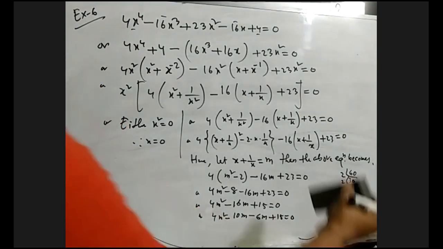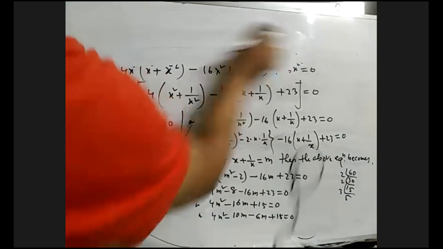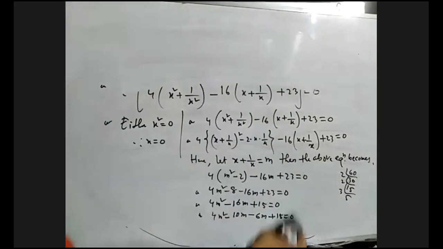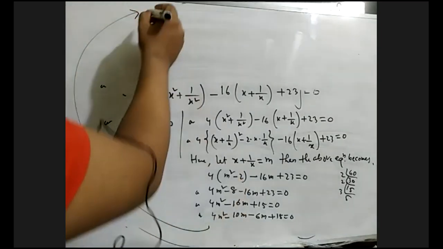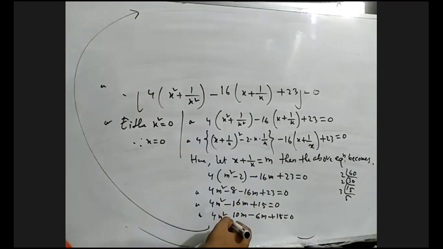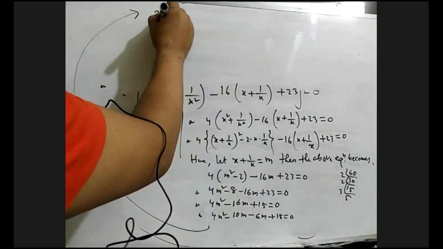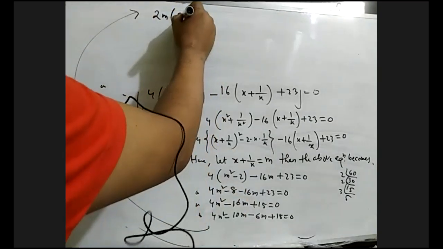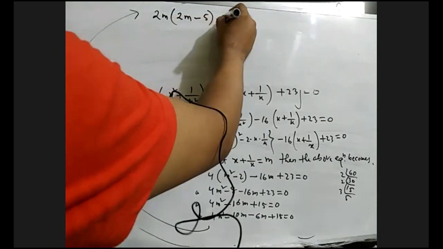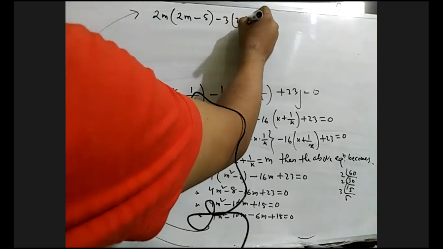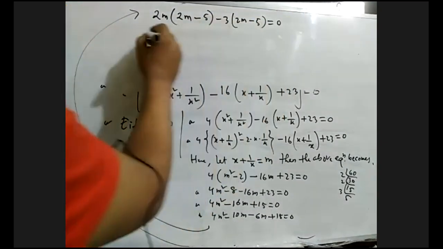Okay, so after this line, for this part, twice m will be common, twice m minus 5, minus 3 will be common, twice m minus 5, equals to 0.